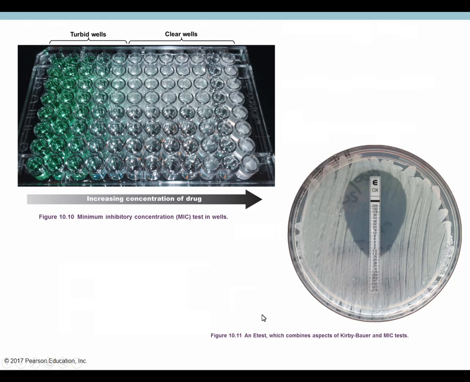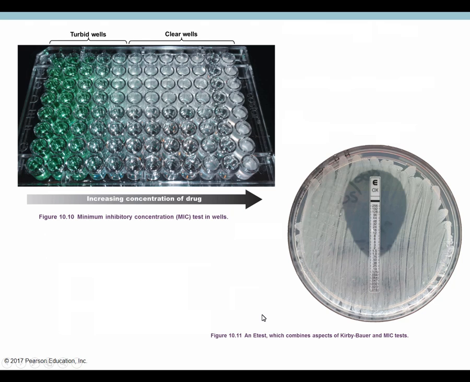And fundamentally, and that's up here on the top picture, it's just like the Kirby-Bauer test, and what you do is on each row, so this is a little plastic plate that has teeny tiny test tubes, and they're organized in these rows.